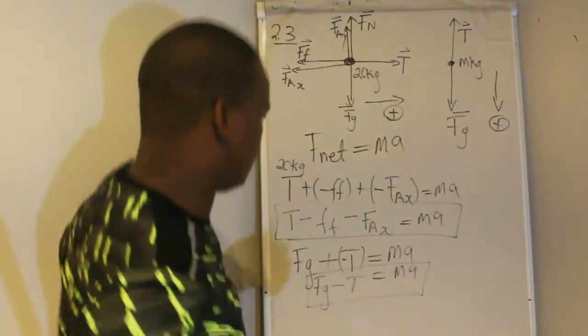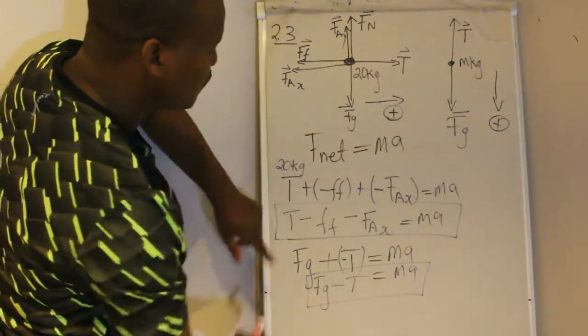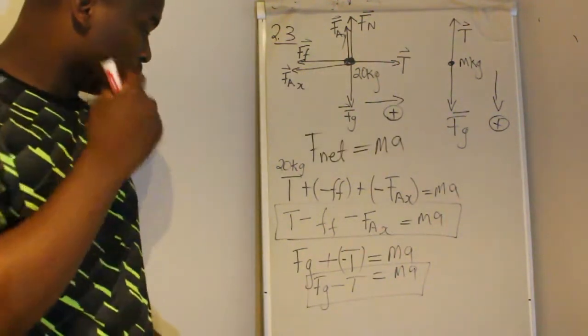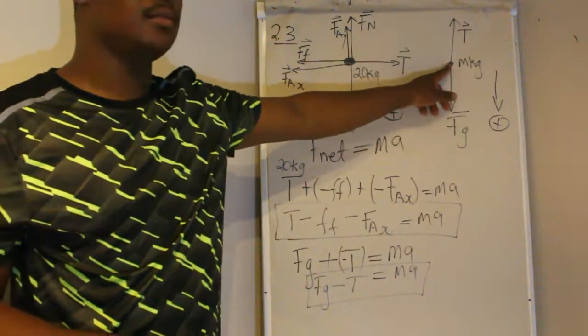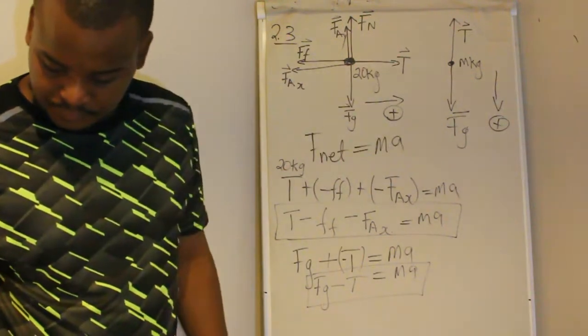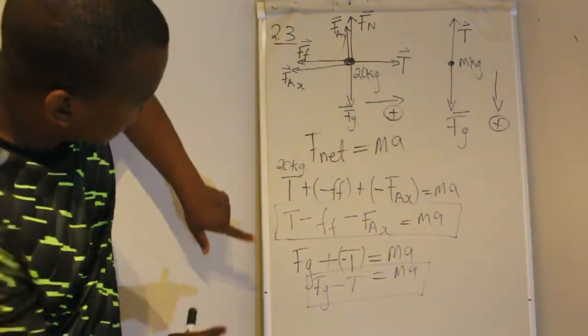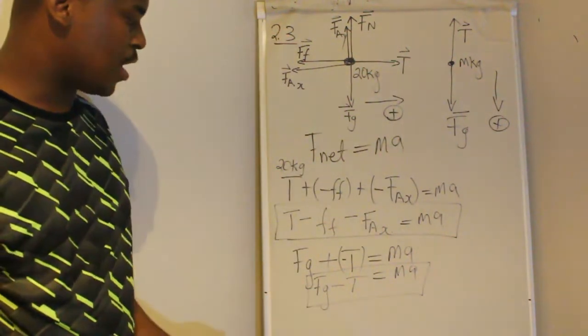So here is the sum of your net forces, and you have these two equations. What they want you to find is the mass of that block. We have managed to set up these two equations, so now let's continue with our calculation.